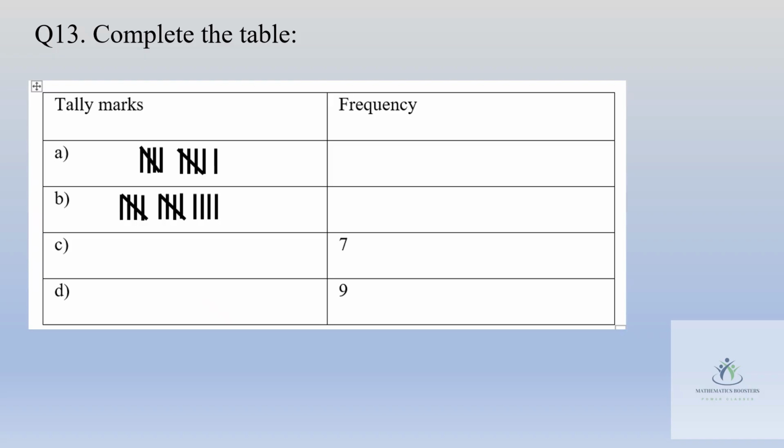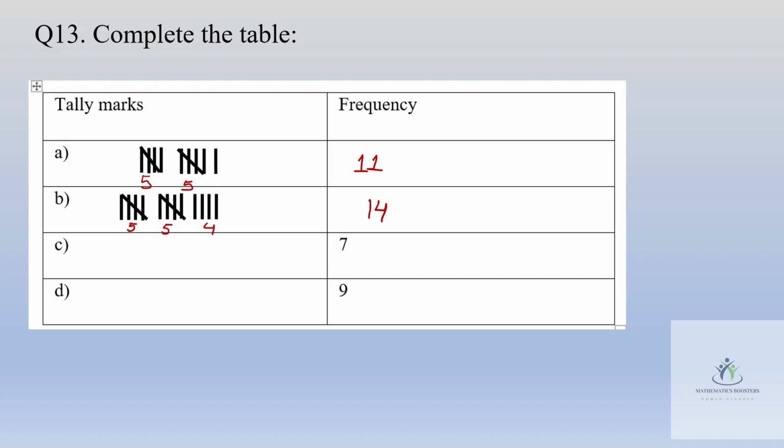Next, complete the table. Tally marks and frequency. So this pack is nothing but 5. 5 plus 5, this is a single mark. So this is nothing but 11. Next is 5 5, 2 packs are given. These are 4 lines. So this will be 14.